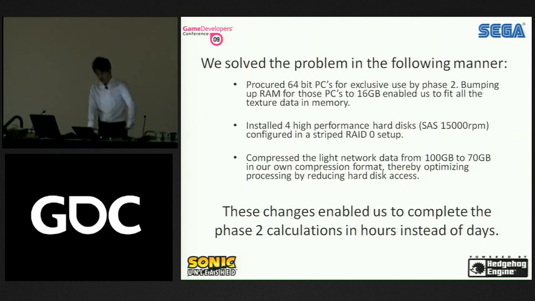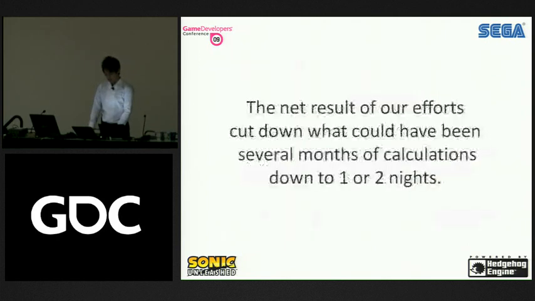Also, we used a fast hard drive with a RAID 0 striping configuration, so we have a much faster speed. Also, we compressed the light network data from 100 gigabytes to 70 gigabytes. By doing this, we reduced the access to the hard drive so that we could have faster speed, so that we could finish the calculation within hours. That was really good.